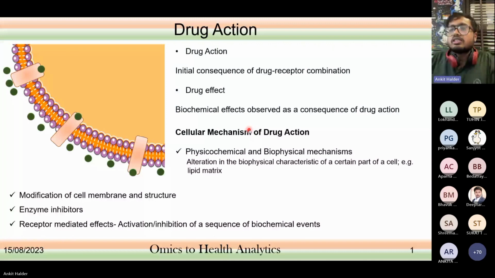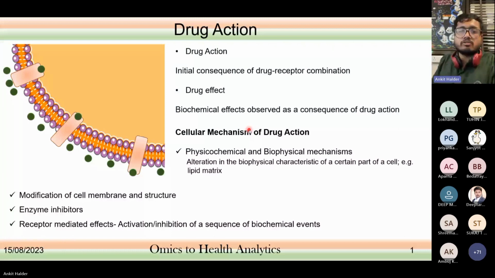So some drugs, if you just apply them, like for dermatological disorders, help the membrane and have other different effects.